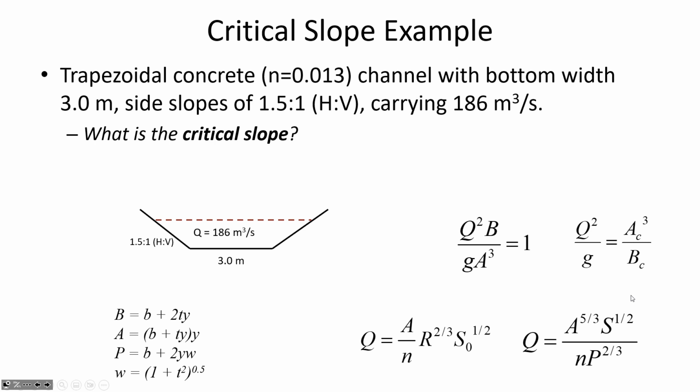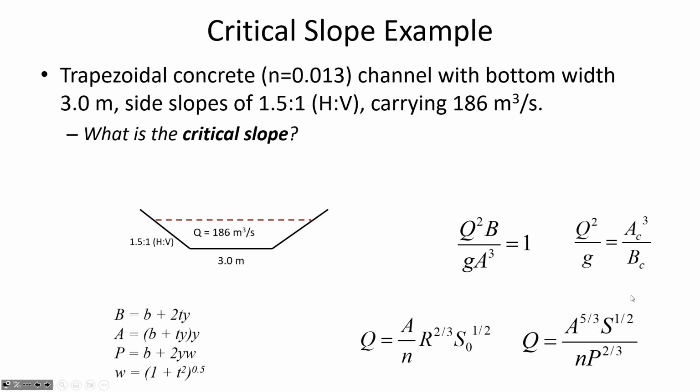And so here we know that the flow is 186 cubic meters per second. The top width, B, is 3 meters wide plus 2 times 1.5 times y. So everything is known in the top width except for the depth y.